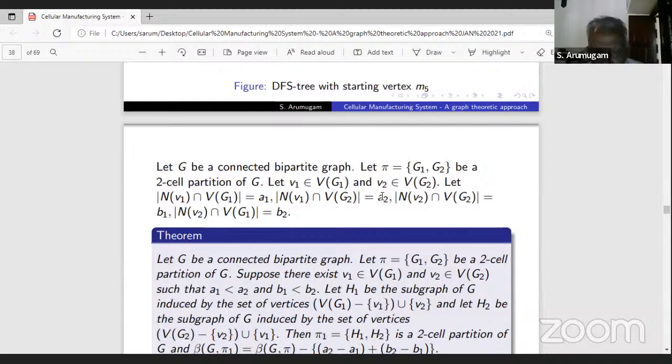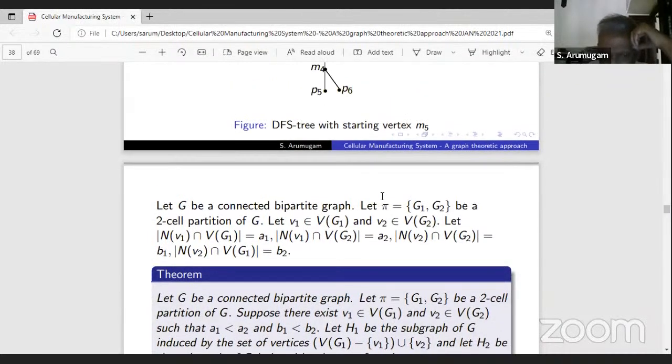Having got such a partition, I try to check whether some interchanging of the vertices will bring down the number of exceptional edges. This is a method of doing it. I try to check by some method whether the number of exceptional edges can be still brought down.